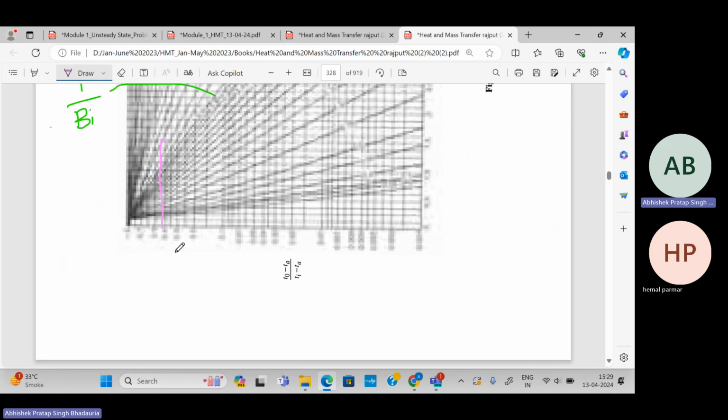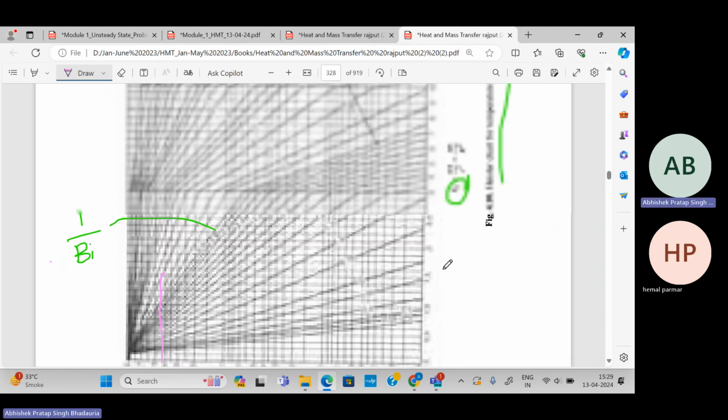In this way, we will find the factor T naught minus Ta divided by Ti minus Ta. This value we will directly get from this chart itself.